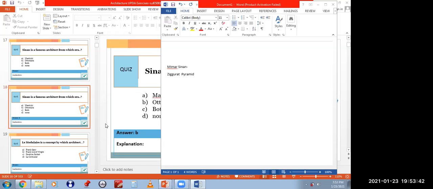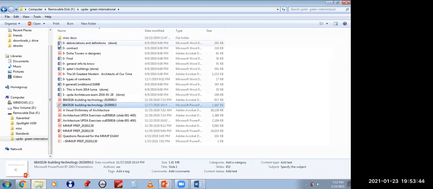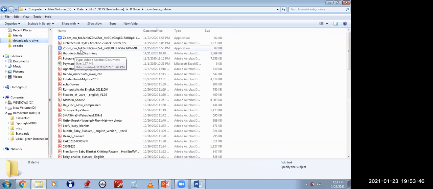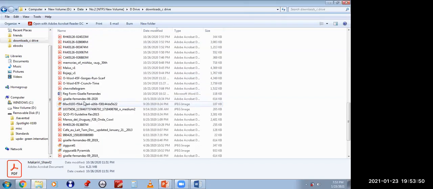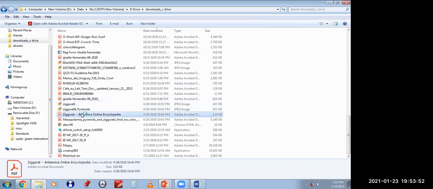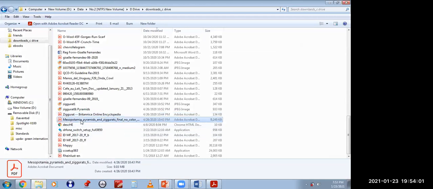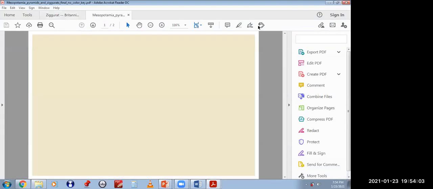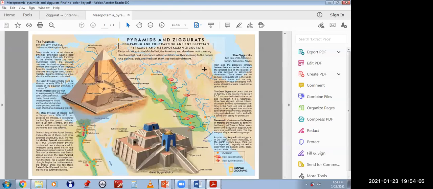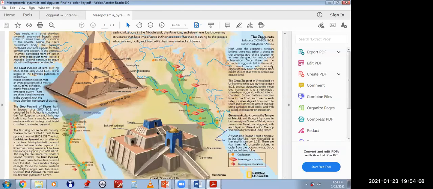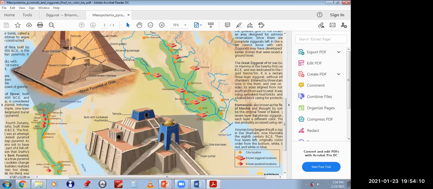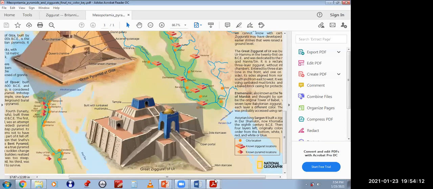One minute, I have it here. Hold on. So basically, this is what a ziggurat looks like. Can you all see my screen?